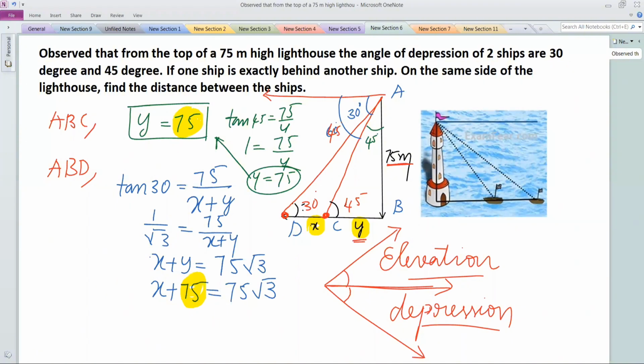Therefore, x is equal to 75 root 3 minus 75. Now, if you take 75 common, we get root 3 minus 1. We get x is equal to 75 times root 3 minus 1.